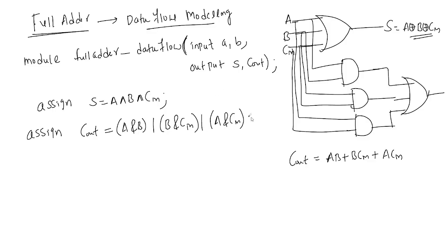And next, end module. Like this, for every combinational circuit and sequential circuit, you can use this data flow model. Is it fine? Did you understand how I am using data flow modeling? Any doubts or queries?